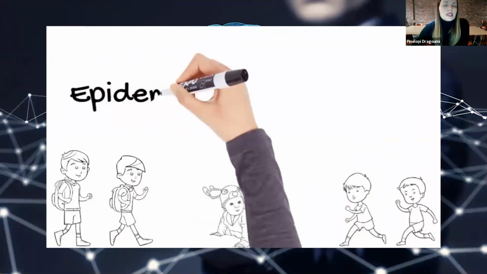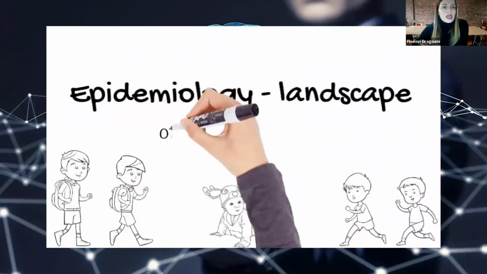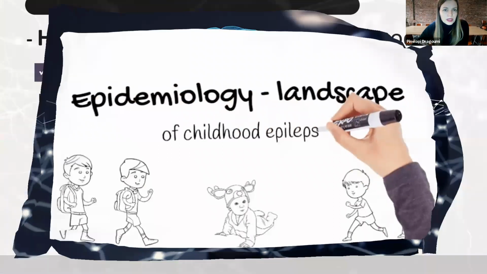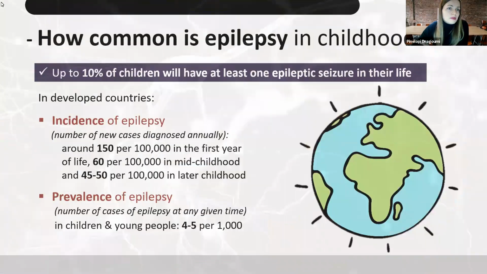So let's try to see a quick overview of the childhood epilepsies, starting with the epidemiology, trying to see how common epilepsies are in childhood. And actually, seizure disorders are common in childhood.